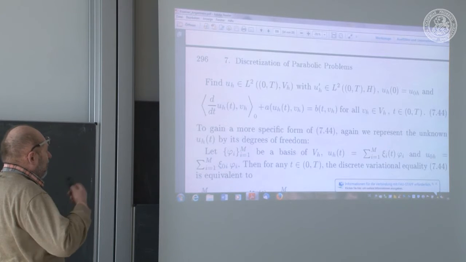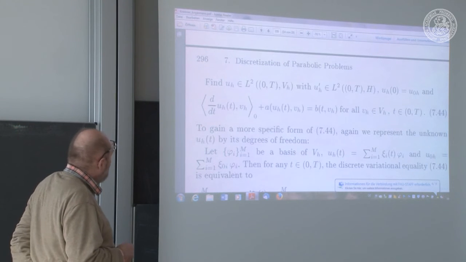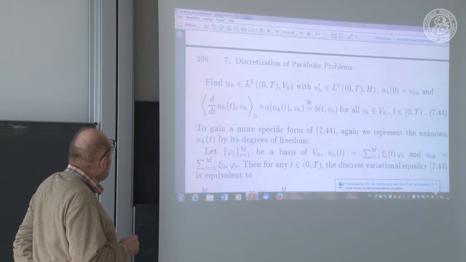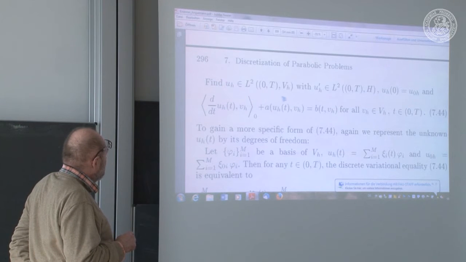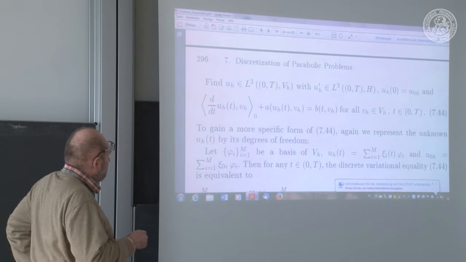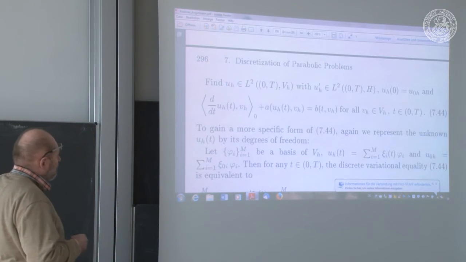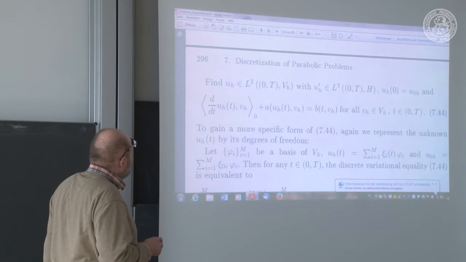We do, so to speak, also the Galerkin ansatz. That means we are looking now for a solution which is for each instant in time in the discrete space V_h. So for each instant in time we get, so to speak, a finite element function.